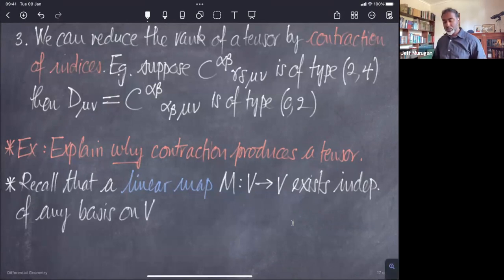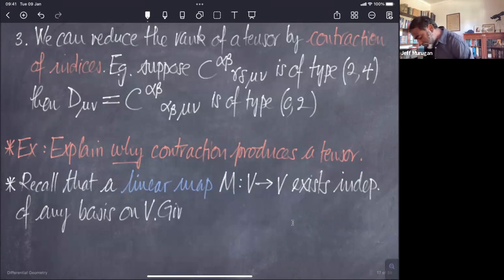Okay. And what usually happens is that we don't work with the map itself. We work with a representation for the map. Given a basis, we can find a representation of that map in that basis. And the way we do that is by taking the action of that map on the basis elements.